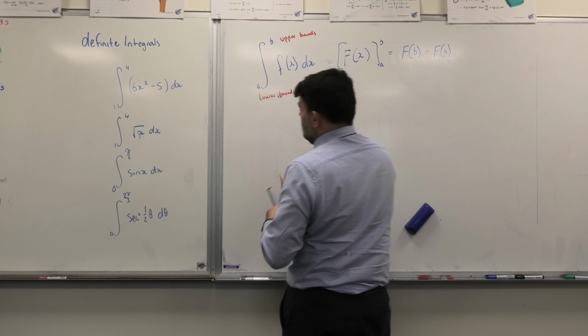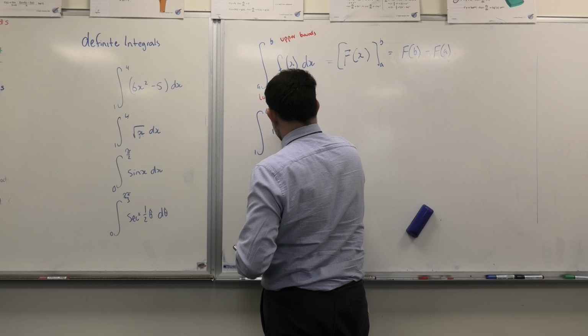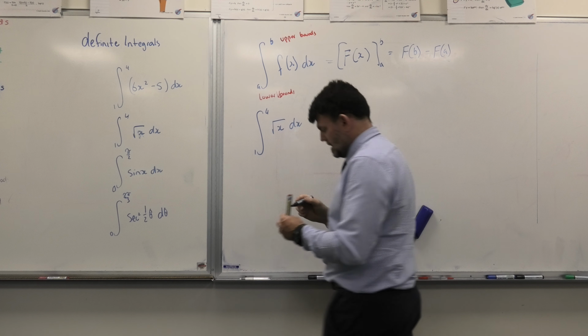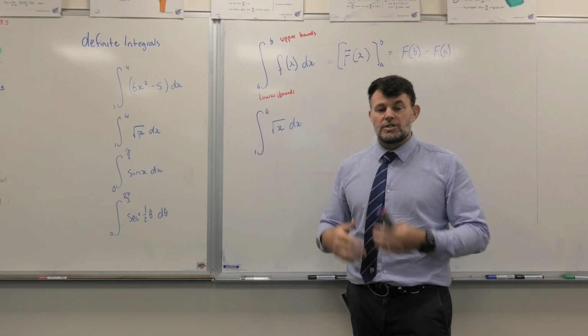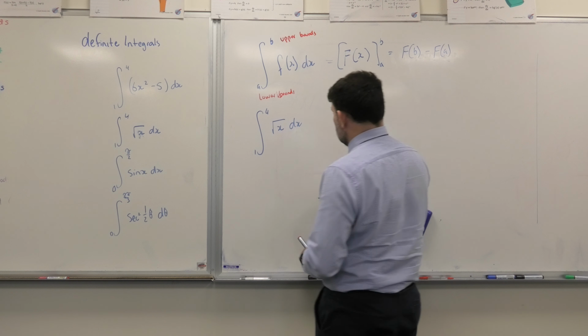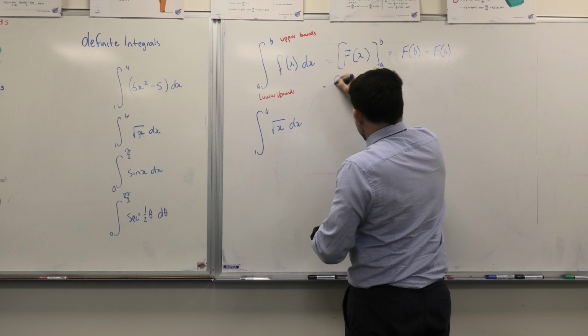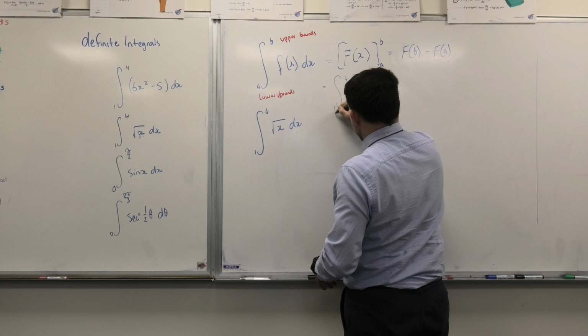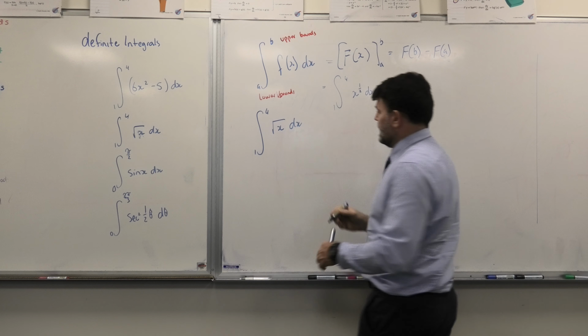In the second example here, we've got the integral from 1 to 4, but this time we've got the square root of x dx. We need to get rid of that square root first, so let's change that into a power. This is equal to the integral of x to the power of a half dx.